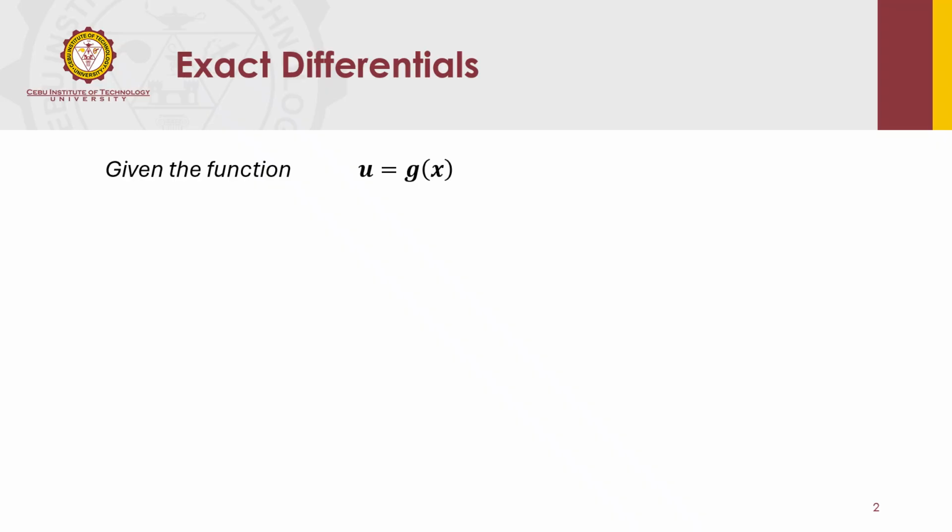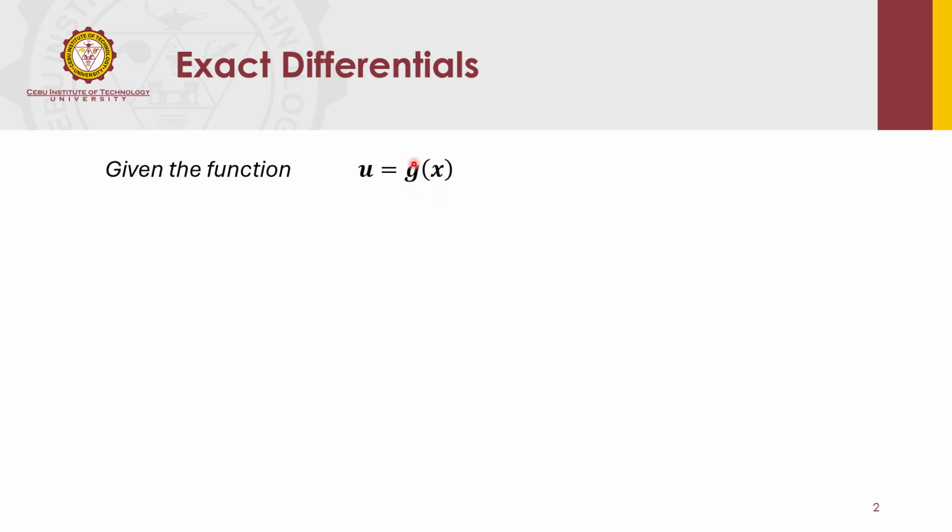Before we go to the first method of integration, which is simple substitution, let's first understand what integration by substitution is. If we're given a particular function labeled as u, which is a function of x, take note that we can use other letters to denote functions aside from letter f for the first letter of the word function.